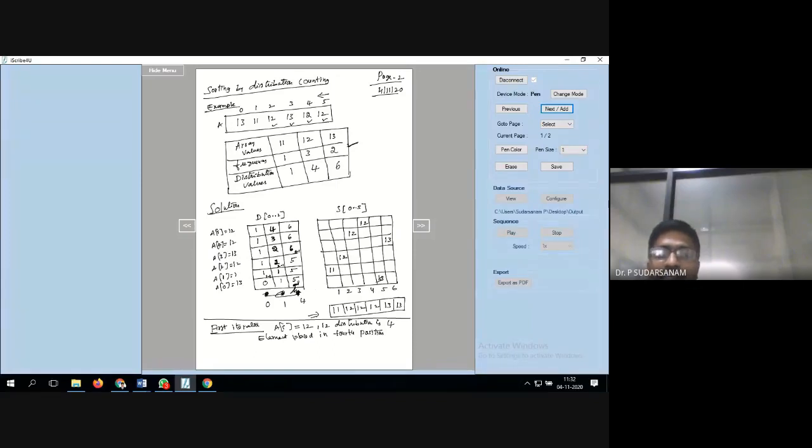So after placing this, 4 minus 1 is equal to 3. 4 minus 1 distribution is equal to 3. So these 3 should be copied to the next row. That's what. After placing, 4 minus 1 is equal to 3. So that I have written it here. So you will come to know that one.